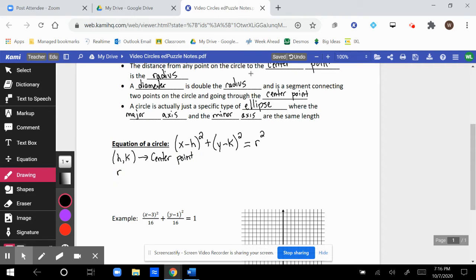Okay, and of course r is your radius. Okay, so notice in the equation, it's r squared. So you'll have to square root that number to get the radius when you're given an equation. All right, or going the other way, if you know the radius and you had to come up with the equation, you have to square it.